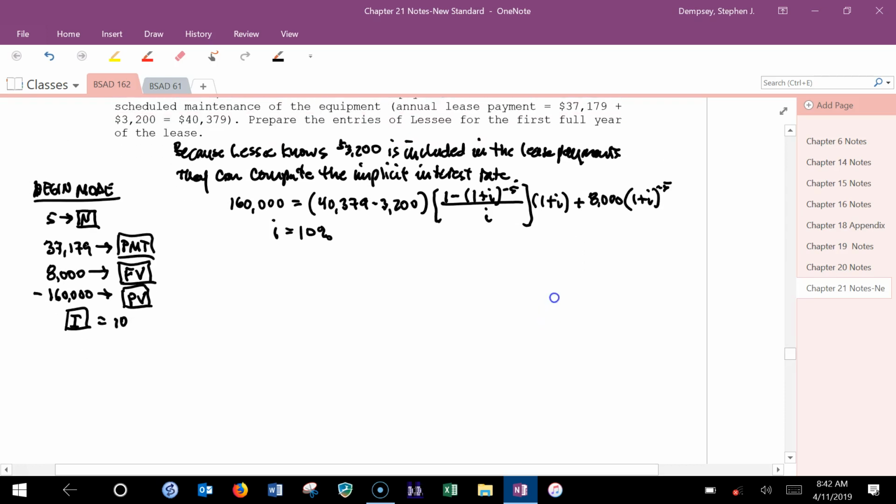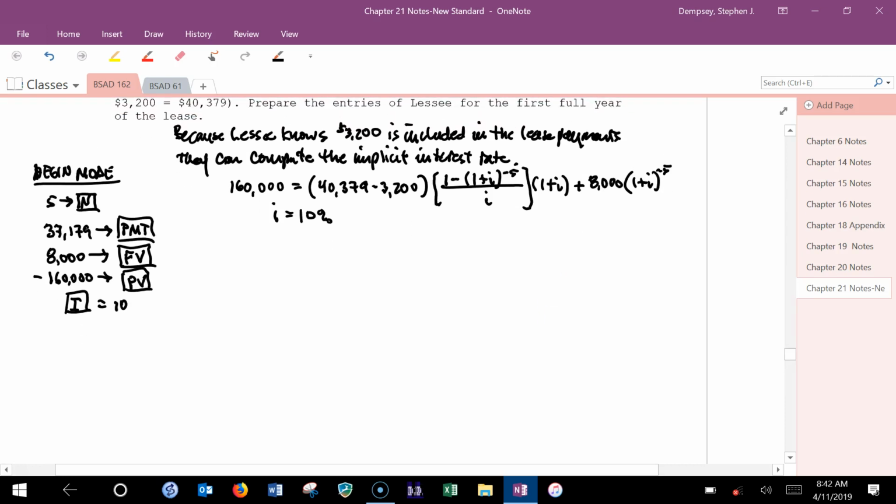Now, we have to determine what the present value of the lease payments is for the lessee. If you go back in the notes, it says the lease payments include all fixed amounts, including executory costs. And that becomes part of the liability of the lessee. So we just did something where we figured out the rate for the lessor is, but now we have to figure out what they are going to record as their liability and related asset on the lease.